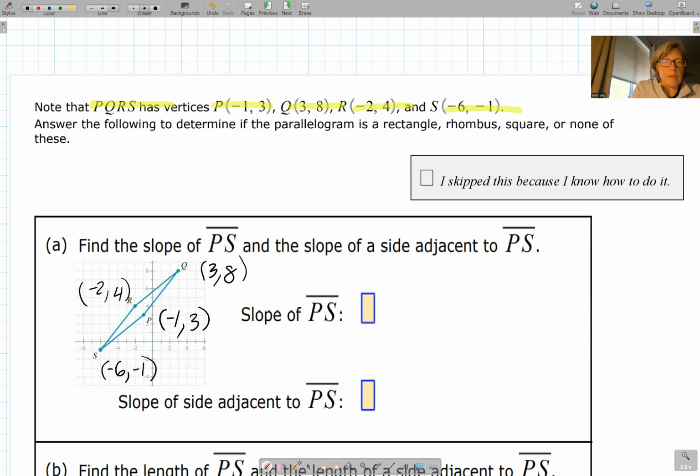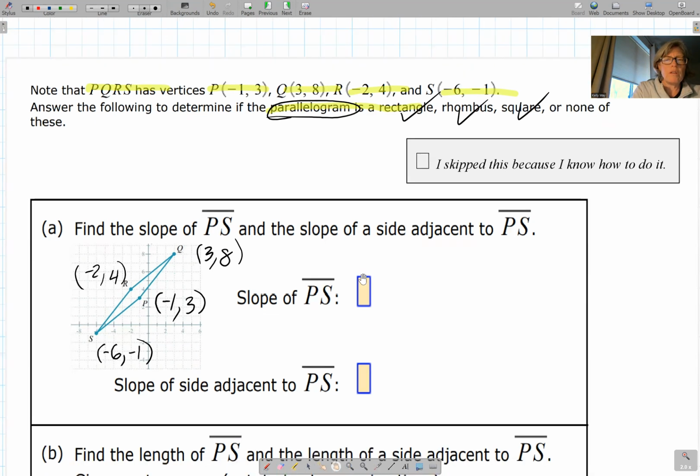Okay. You're going to answer the following questions and determine if it is. So we're told it is a parallelogram. So we know it's at least a parallelogram, whether it's a rectangle, a rhombus, a square, or none of these.